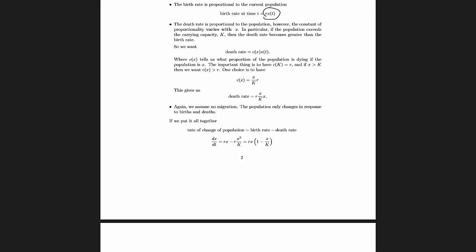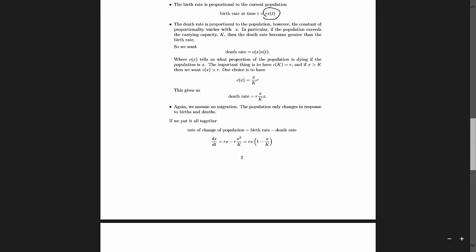It's near 0. But as the population gets up towards the carrying capacity, then the proportion of the members of the population that are going to die gets bigger, okay? The closer the population gets to the carrying capacity, the higher that percentage of the population that die is going to be.